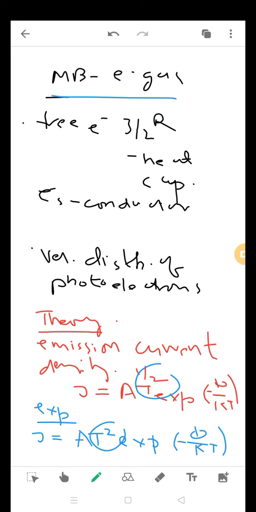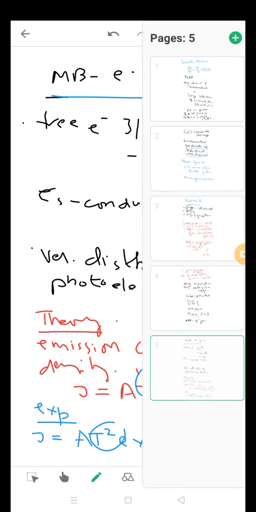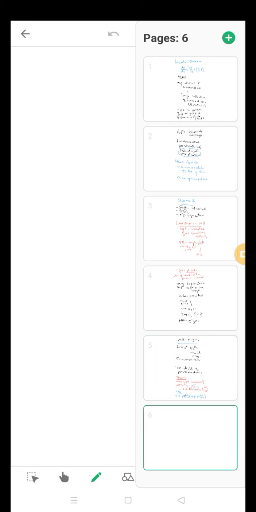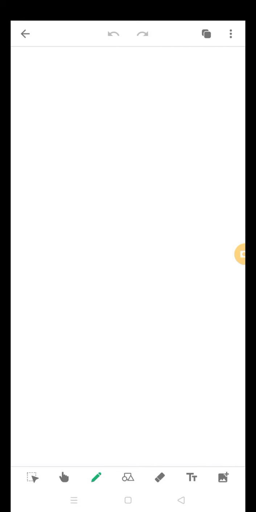Now, similar to this, we will also see why it cannot be used in the case of photons. Had the MB distribution been used for photons or photon gas, what limitations are there?